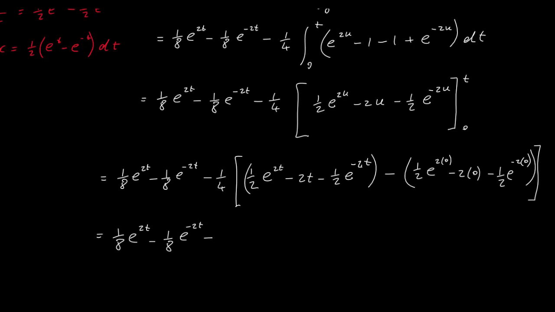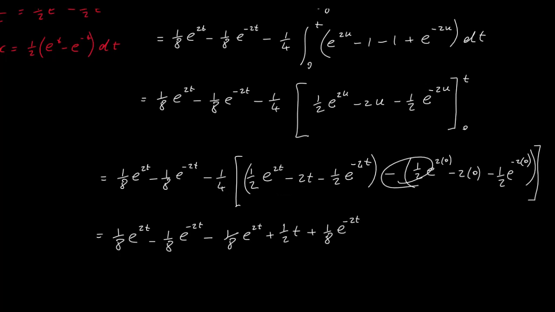Just going to multiply all this out now by the quarter. So here I'm going to get minus 1/8 e to the power of 2t. Here I'm going to end up with plus 2/4, which is 1/2 t. Here I'm going to end up with plus 1/8 e to the power of minus 2t.